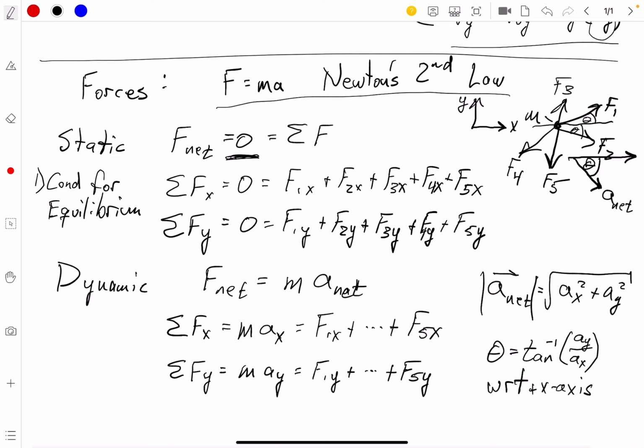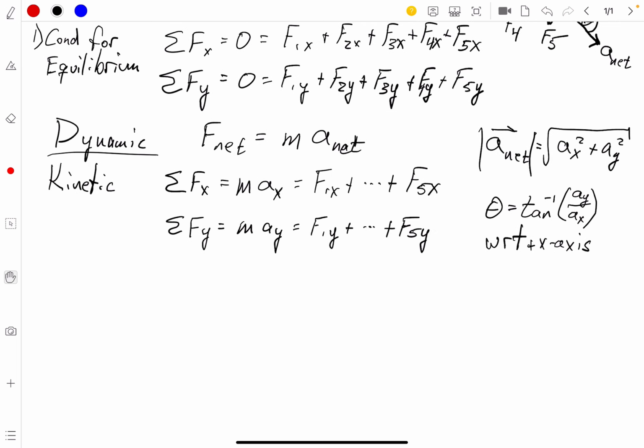Okay, so static and dynamic, or kinetic, you can call it kinetic if you want, but dynamic's a better word. Okay, so let's talk a little bit about inertia. And hopefully you guys know why I'm going to talk about inertia, because what are we talking about?